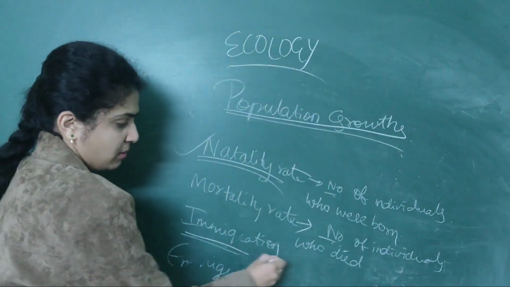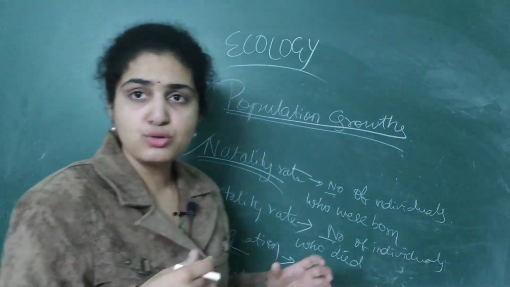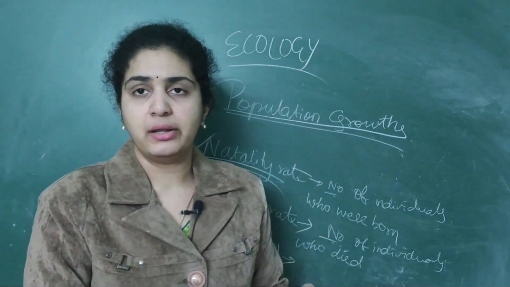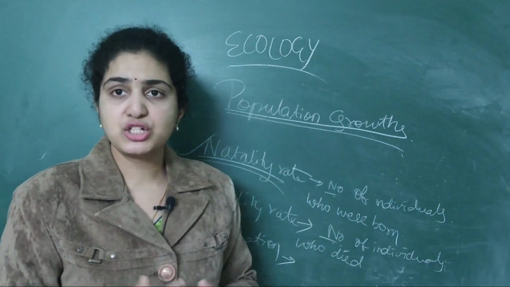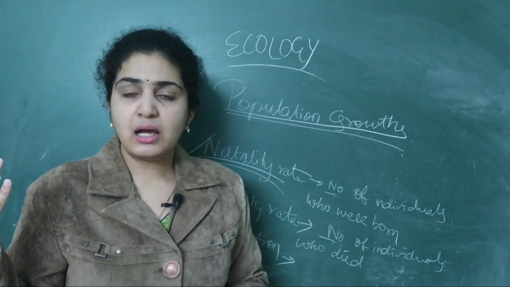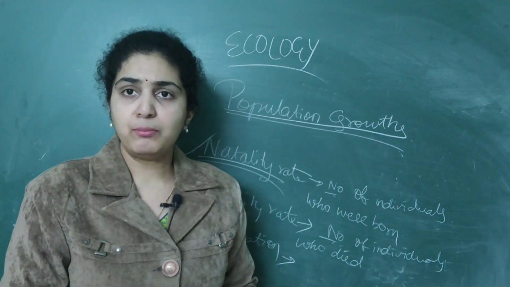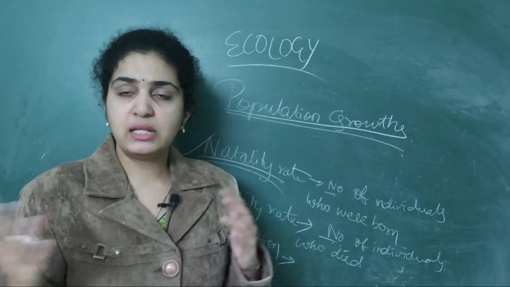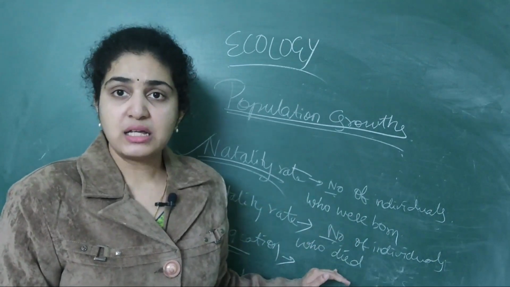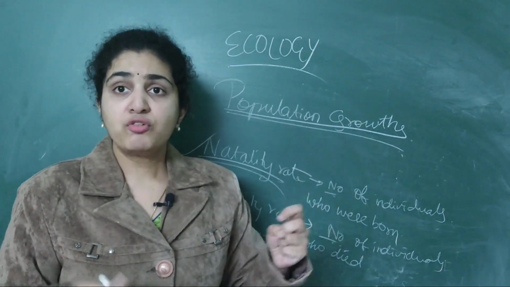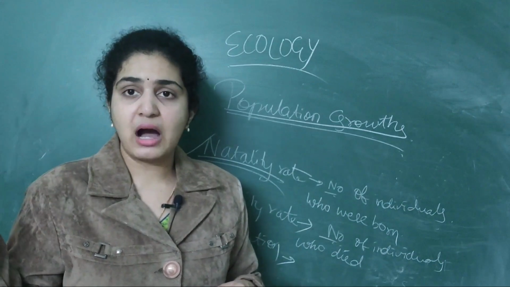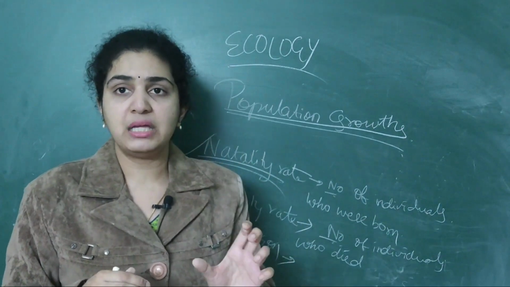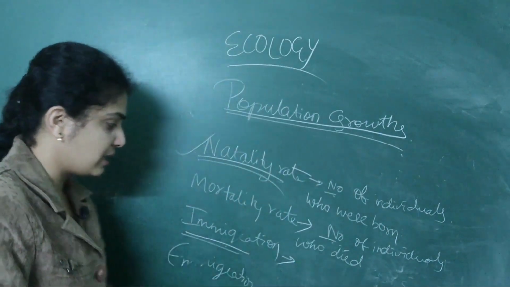Immigration. Number of individuals who came to that place in that specific time period. Immigration means what? From America, numerous people came to India to survive here. They came from that place. So that is called immigration. Number of individuals who have come from another place to this place to live during a specific time period. That is called immigration.